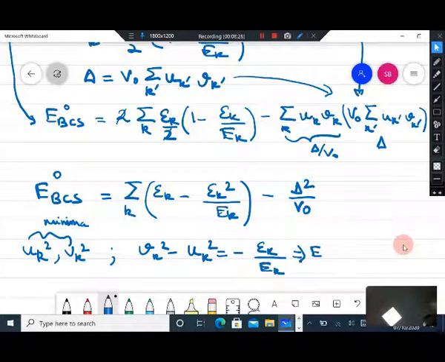So this implies that you can write Ek as capital Ek into Uk square minus Vk square.